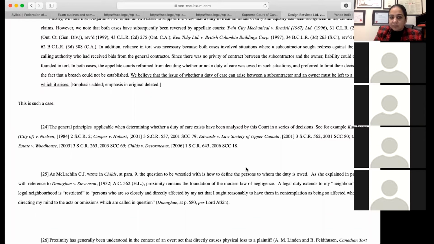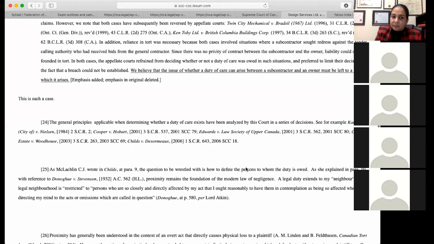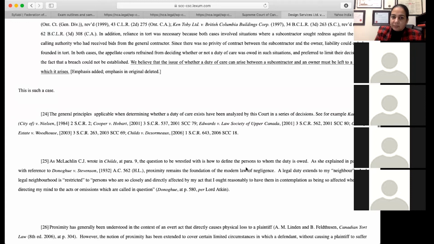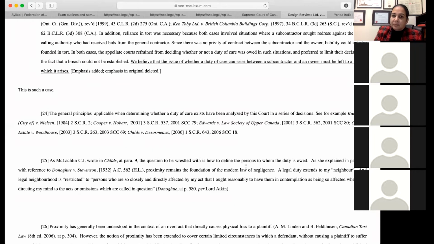In both cases, the appellate courts refrained from deciding whether or not a duty of care was owed in such situations and preferred to limit their decisions to the fact that a breach could not be established. We believe that the issue of whether a duty of care can arise between a subcontractor and an owner must be left to a case in which it arises.